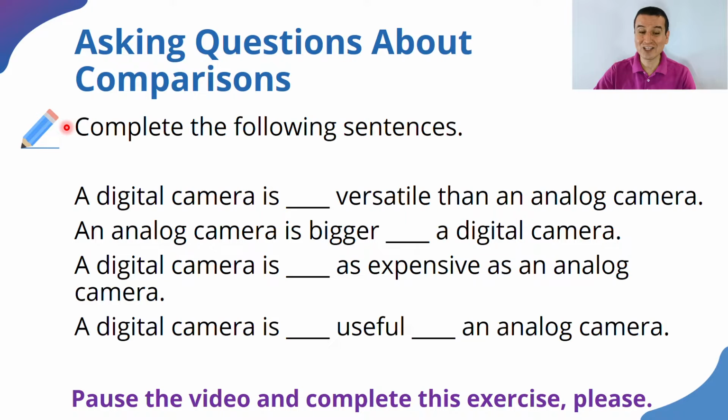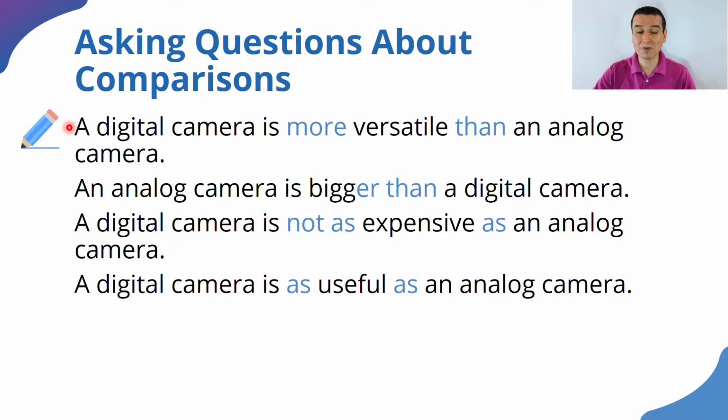All right. Thank you very much for having completed the activity. And here I have some sample answers. Just check these against the ones that you wrote when you completed the activity. The first one, a digital camera is more versatile than an analog camera.